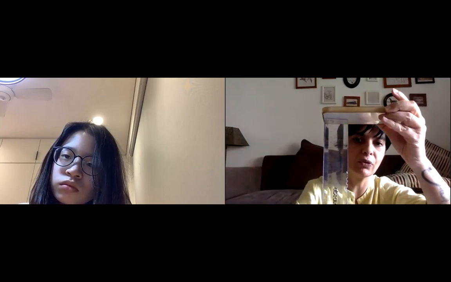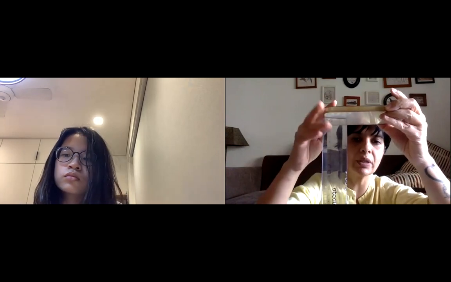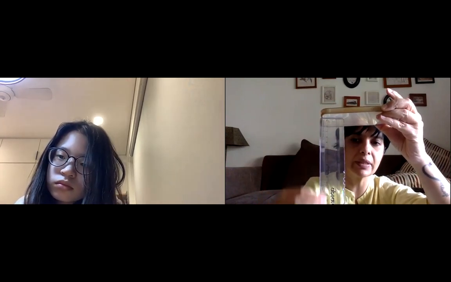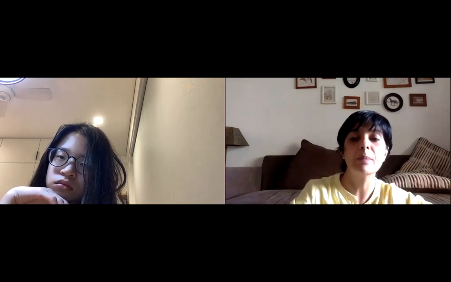Now this ruler that I have is a 30 centimeter long ruler. I have lifted it up from the ground level by 30 centimeter. When an object moves from one point to another, it is called displacement.